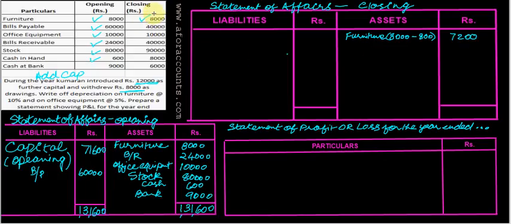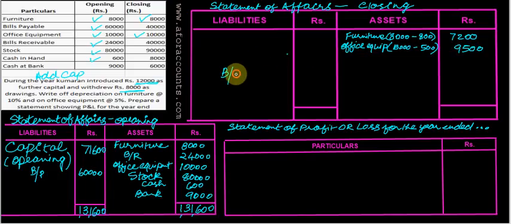Furniture is done. And one more depreciation on office equipment. How much is the office equipment? 10,000. And depreciation on office equipment is 5%, so less 500, 9,500. So the adjustment entries are complete.